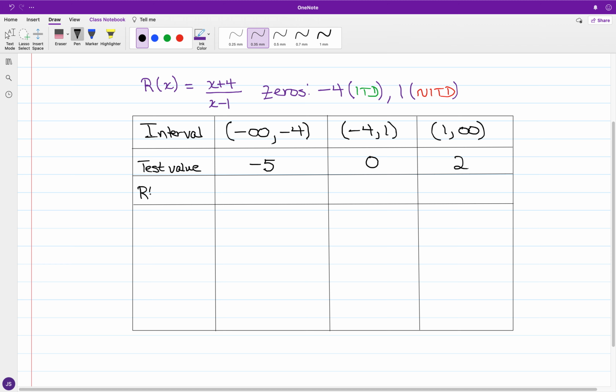Again, we have r of x equal to x plus 4 over x minus 1. So plugging in negative 5: negative 5 plus 4 is negative 1, and negative 5 minus 1 is negative 6.